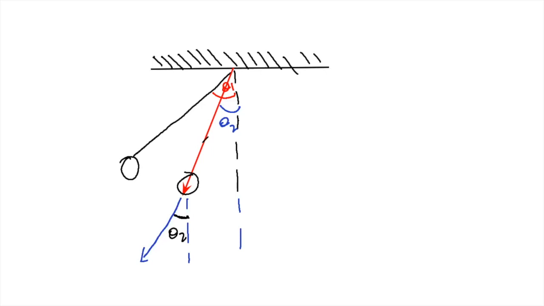Just a second. Okay, this dotted line was supposed to be W. So this was supposed to be W. This wasn't my dotted line.